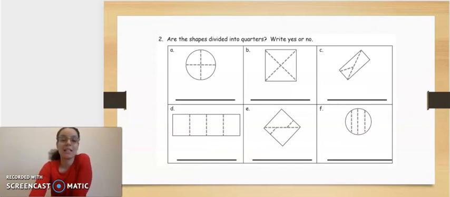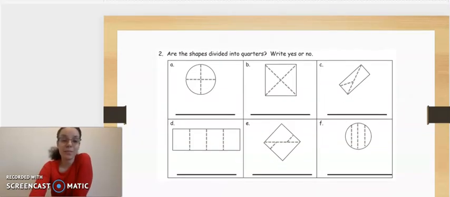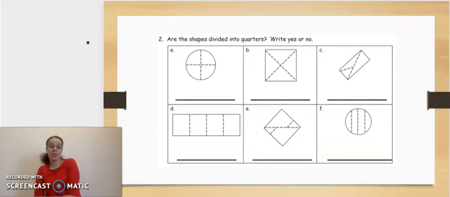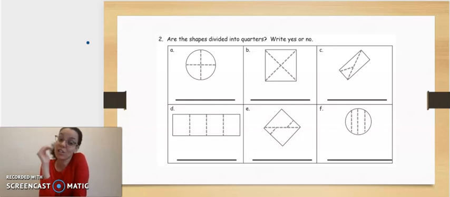Moving on. This time, we're going to think about if these shapes are divided into quarters. Remember, another way of saying quarters is fourths. So how many equal parts do they need to have? Yeah, not just two. Now, quarters need to have 4 equal parts. So is this circle broken into fourths or quarters?